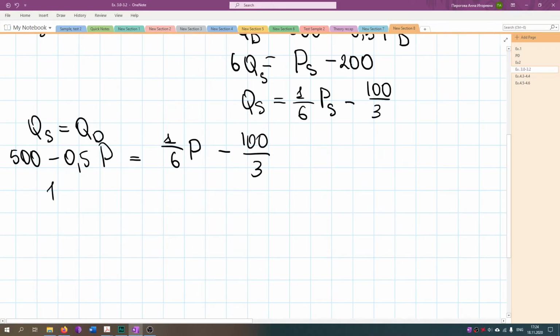So 1600 divided by 3 is equal to 2 divided by 3 price. So our price from this will be equal to 800.